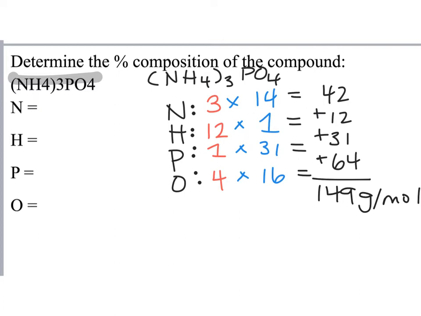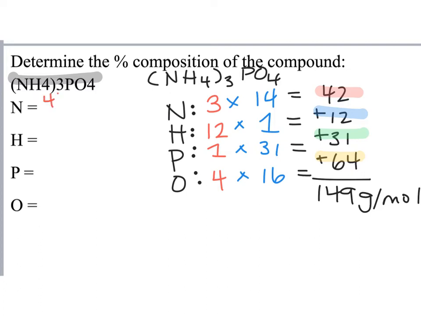To do that, we're going to take this, which is the contribution of nitrogen, this, which is the contribution of hydrogen, this, which is the contribution of phosphorus, and this, which is the contribution of the oxygen. So what we're going to do is 42, and we're going to do this right up here next to this guy.